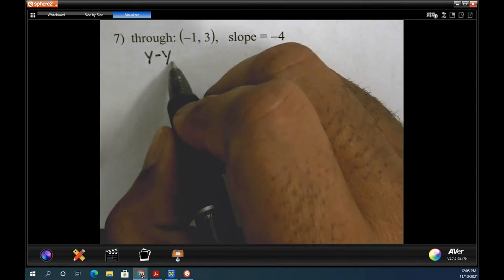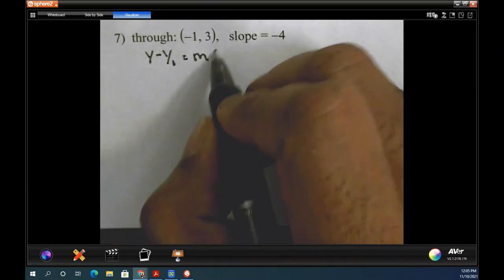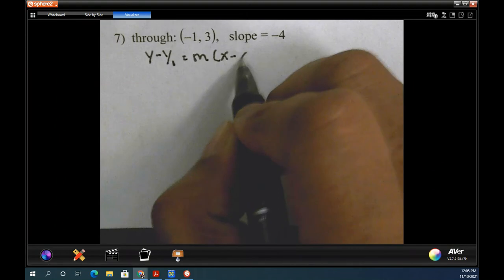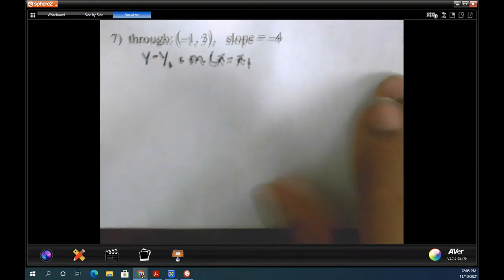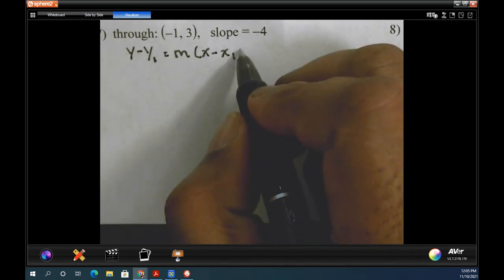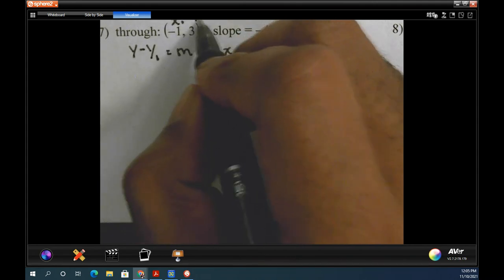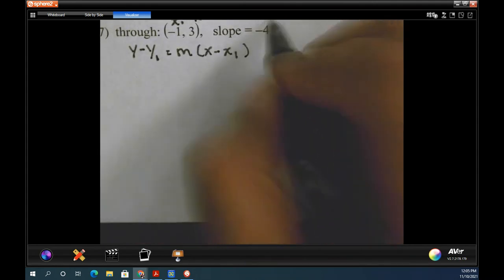Starting with the formula. Okay. Should have labeled x1, y1. There's your m.